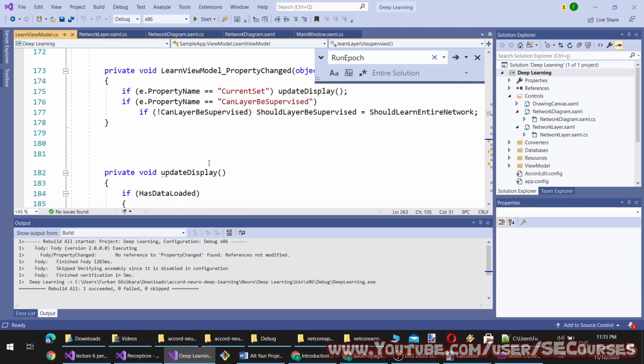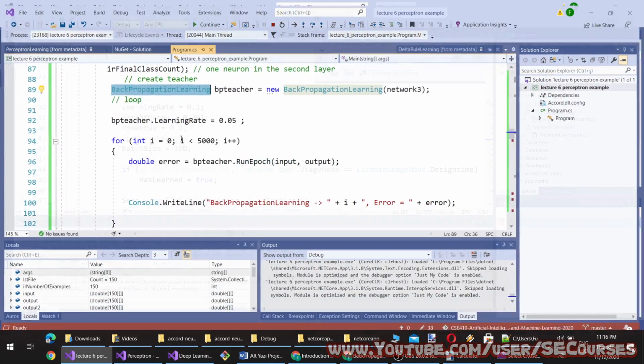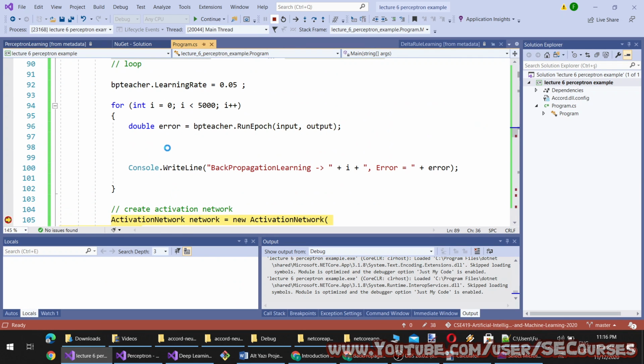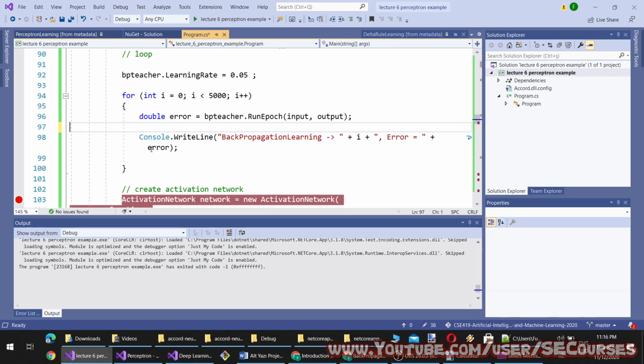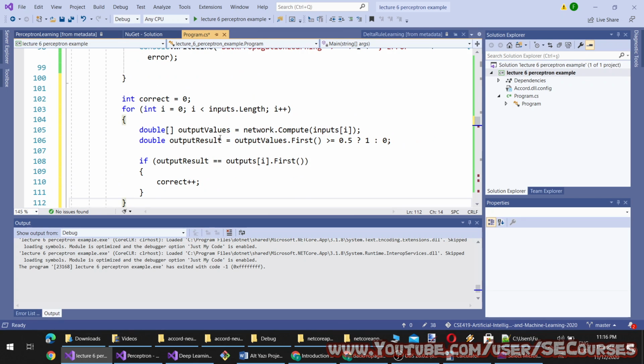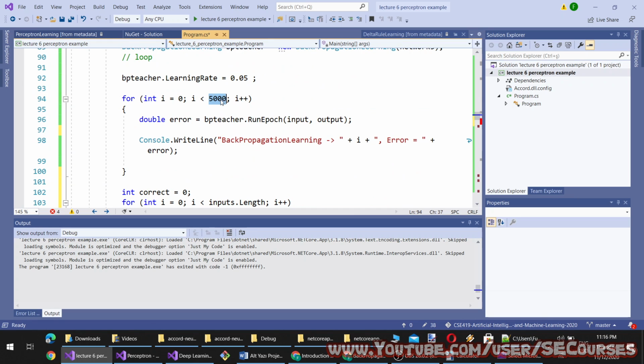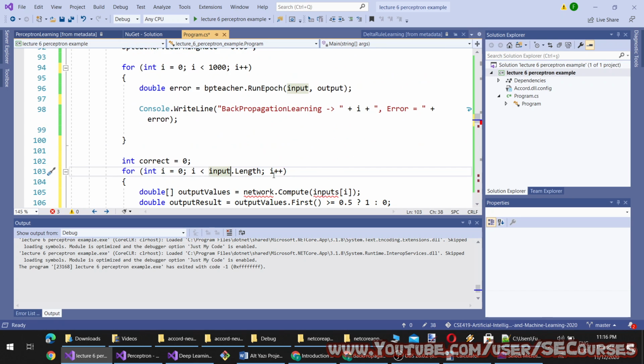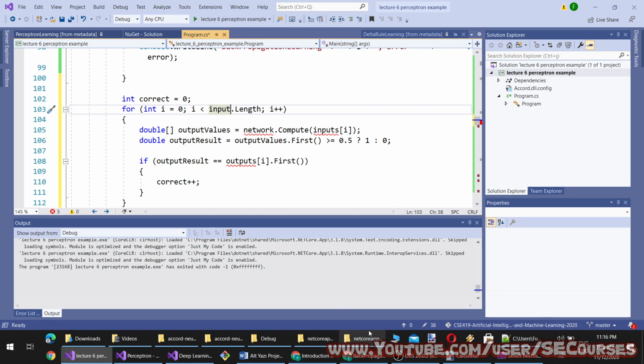To test the accuracy, so you see when we changed our dataset to something much simpler and easier, our error rate has dramatically reduced. So I'm going to set it as 1000 epoch and input length. So the network computes. What is the network variable here?